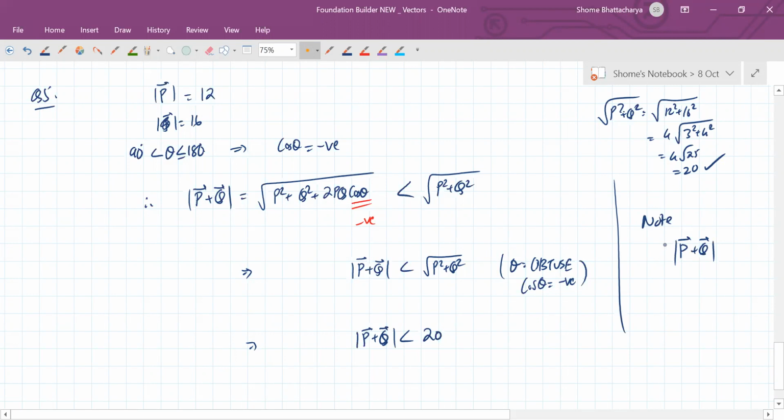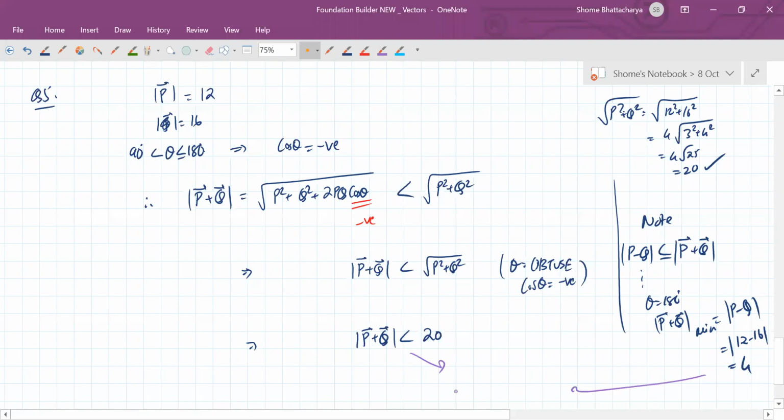Okay. And on the other hand, you can also see that this is always greater than mod of p minus q. Okay, because theta equal to 180 degrees, you get the minimum possible value, which is difference of p minus q. So over here, that difference is 4. So you put this and this together.